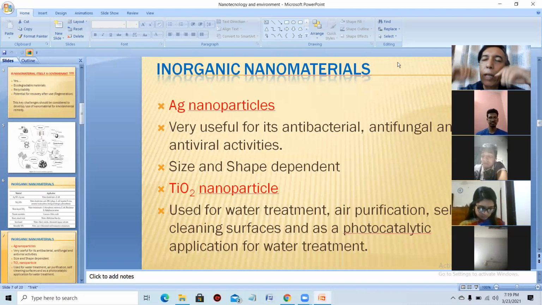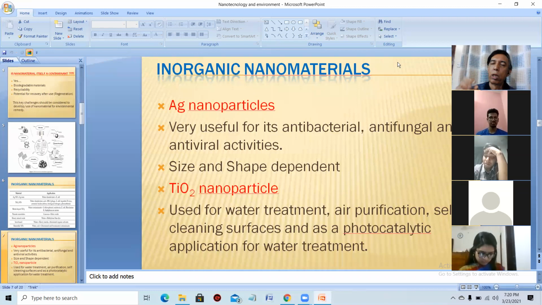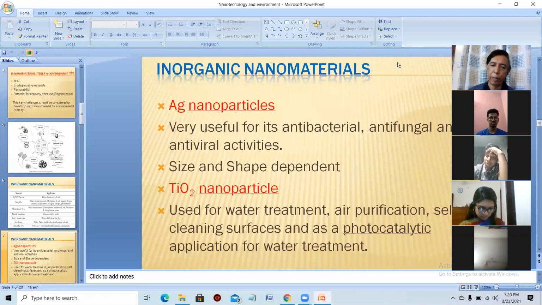That means if the shape of a silver nanoparticle is triangular, then it can act more than silver nanoparticles of your spherical shape or the silver rod shape. So this is about silver nanoparticle.